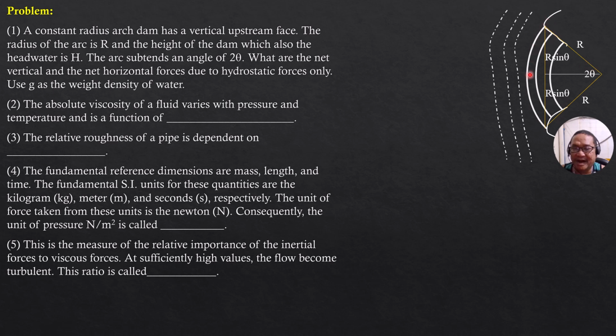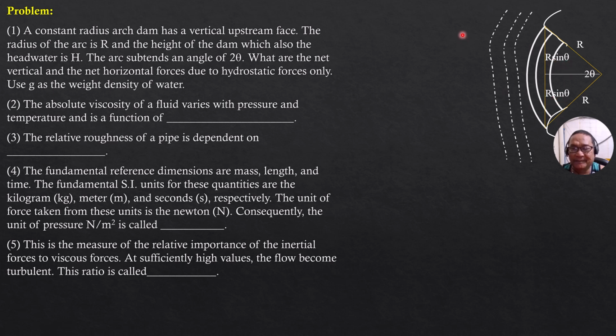Since this arc subtends an angle of 2 theta, then we draw a line which bisects the angle and we form an upper right triangle and a lower right triangle. These are identical right triangles. So therefore, the hypotenuse is big R. The angle here is theta, so the opposite side is hypotenuse big R, sine of this angle, which is theta. So that is R sine theta. This is also R sine theta.